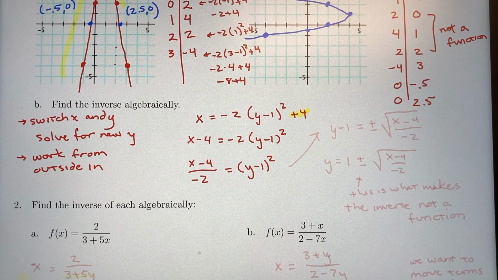Fine. Next step is square root. Plus or minus square root. And that's what makes it not a function, and that would give me the full sideways parabola rather than just half, which is what a square root function is. Now, move the 1 over. I usually put it in front so it doesn't get affected by the plus or minus. It's always just positive 1.